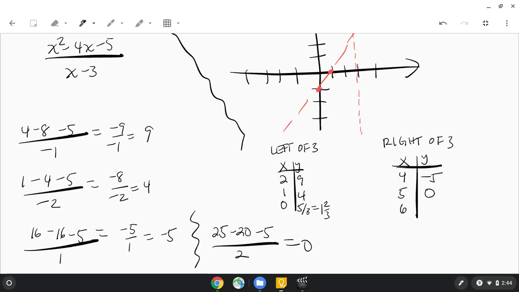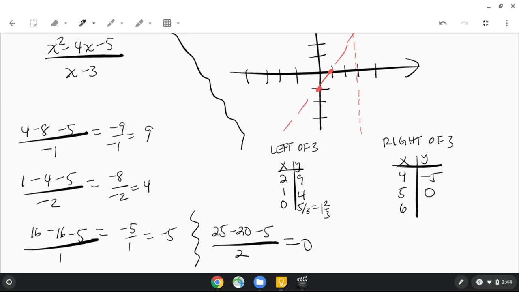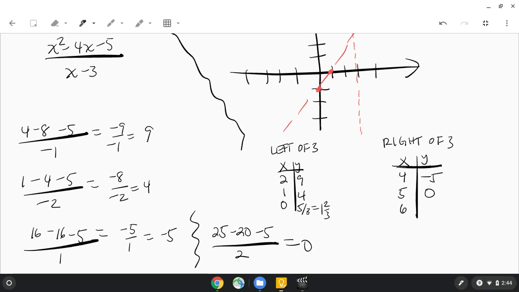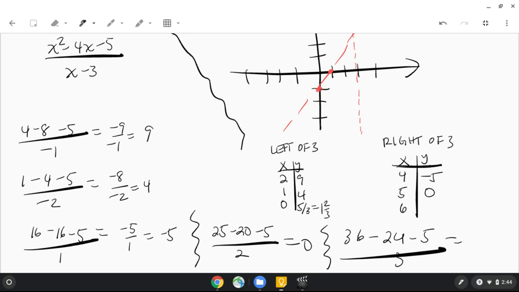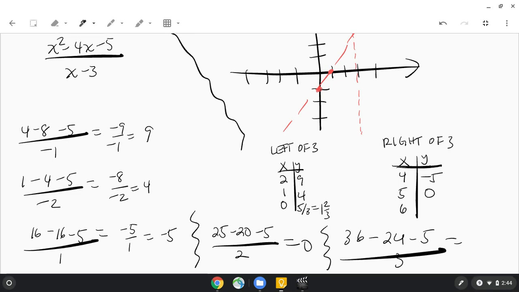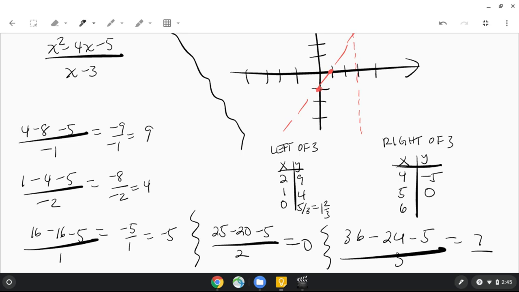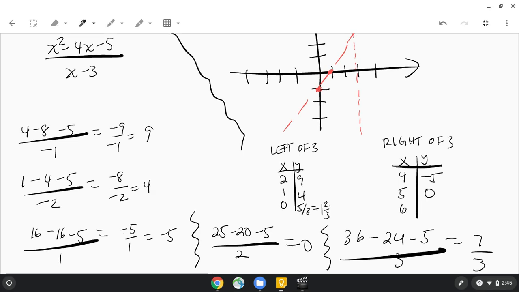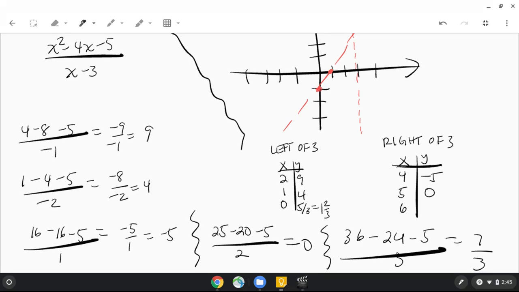And then plugging in 6, we get 36 minus 24 minus 5 over 3. And what does that give us? 7 over 3, or 2 1/3.